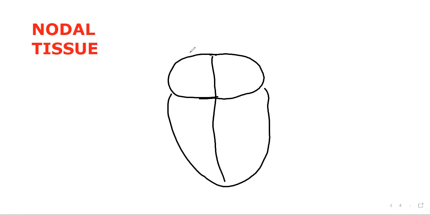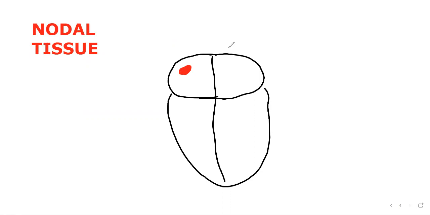A modified cardiac muscle fiber, which we can say is a patch of tissue, is located on the right upper corner of the right atrium, near the opening of the superior vena cava.